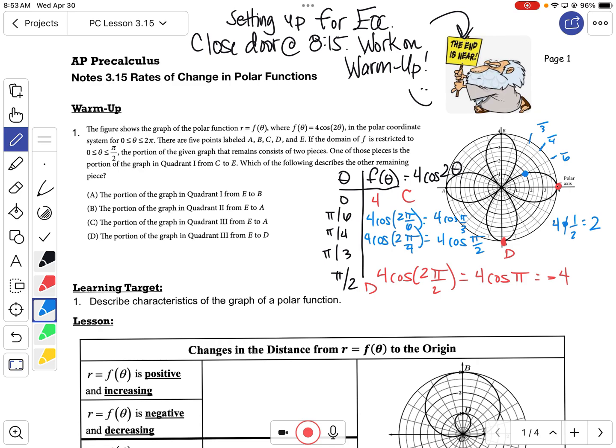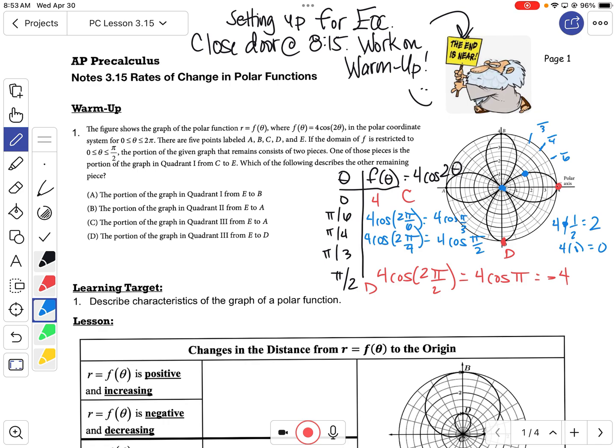And what's the cosine at pi over 2? It's 0. So 4 times 0 would be 0. So that's going to land me at point E. So if I go up here to pi over 4, and then I go nowhere out. So there's that point.